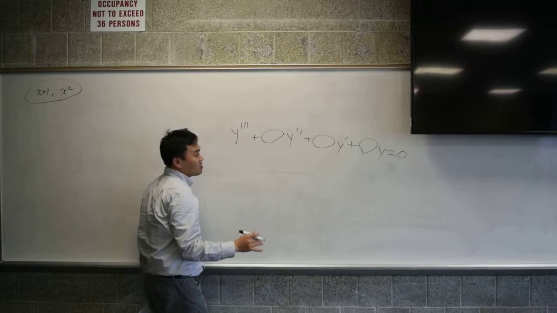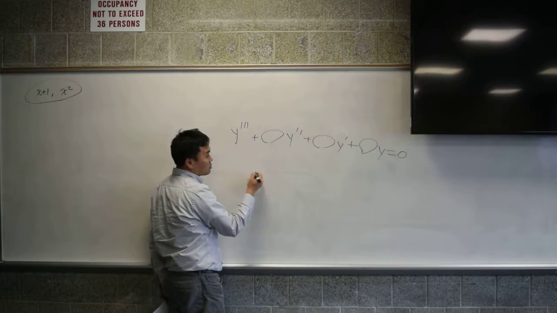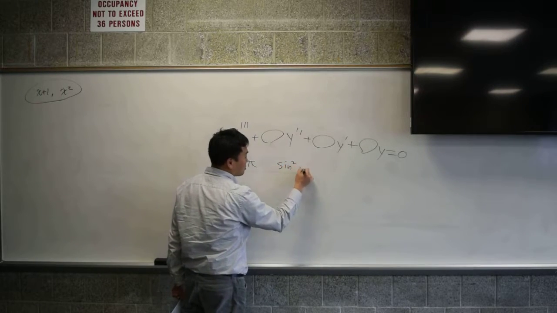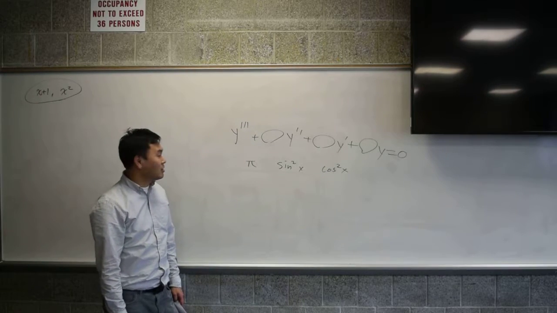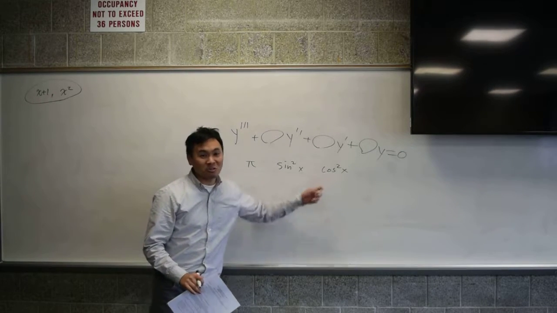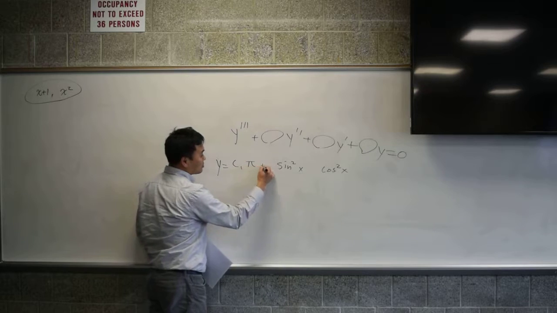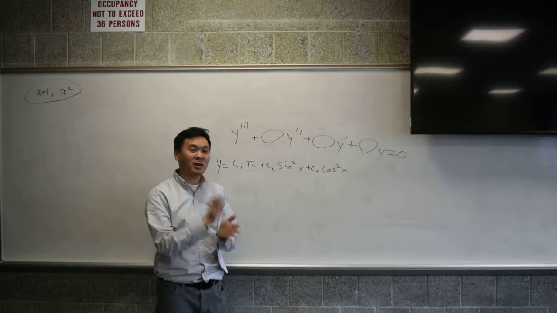Let's say we did trial and error and found that pi is a solution, sine squared is a solution, cosine squared is a solution. And then I say, look, I found 3 solutions. Now let's write down the general solution. Y equals C1 plus C2 plus C3. And you're ready to say, okay, we found everything.